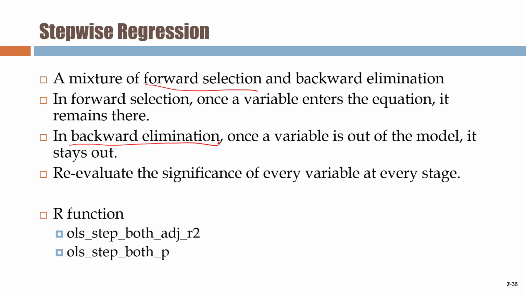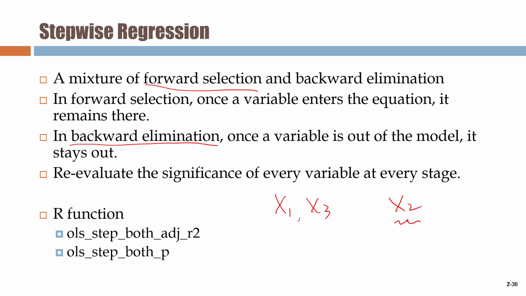Since we are using forward and backward alternately, one variable may be chosen as the next best one. However, after several steps, that variable can be dropped because other variables can cover it. The example I used previously is that x1 and x3 together are better than x2.